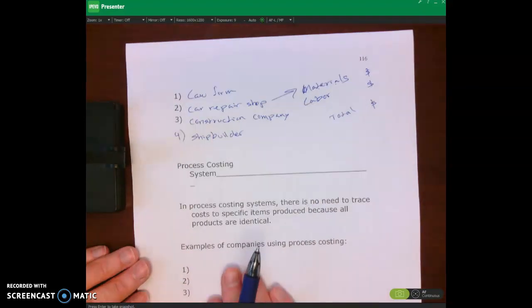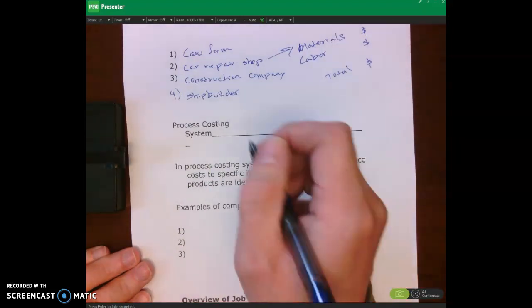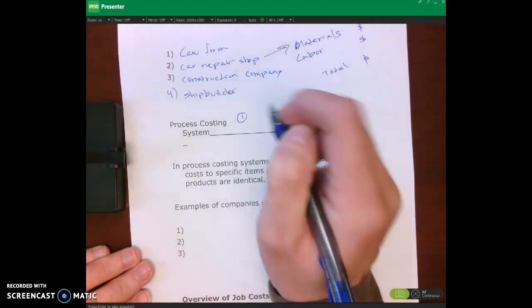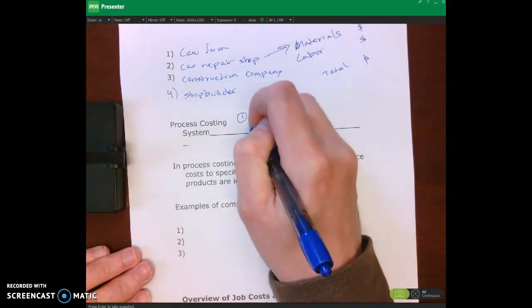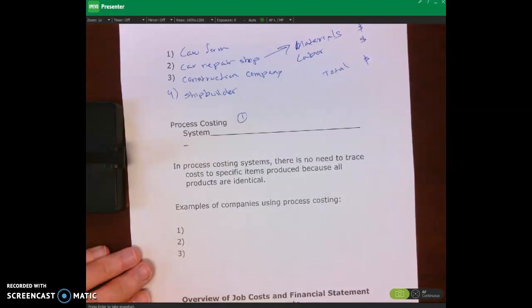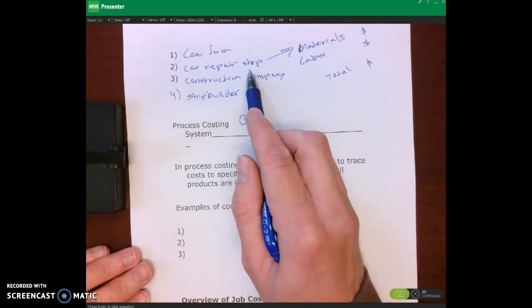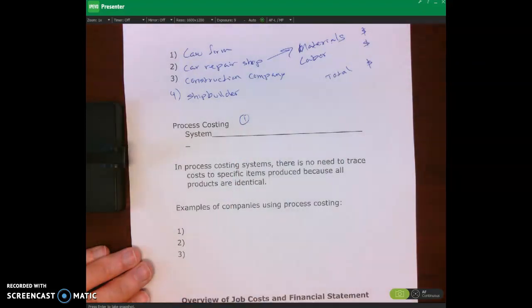Like I said, we're going to talk more about process costing in the next chapter, but I'll go ahead and introduce it right now. There are a couple of characteristics with process costing. As opposed to job order costing, which is used when we have very different products made to customer specifications, think about a car repair shop. One person could need a muffler change. One person could need a new transmission. Somebody else may just need a Virginia state inspection.